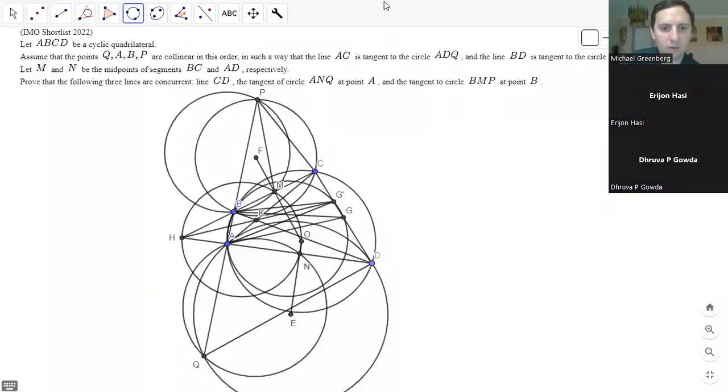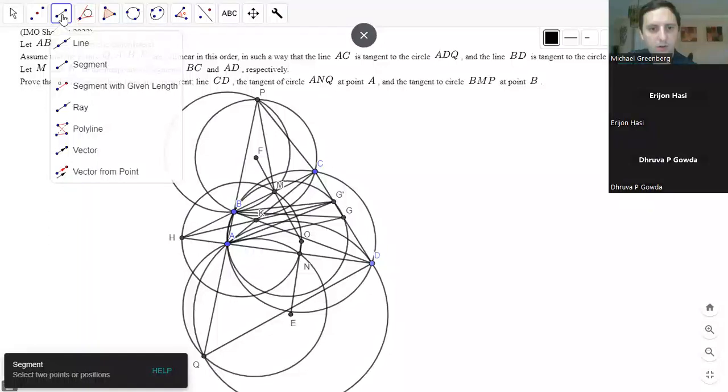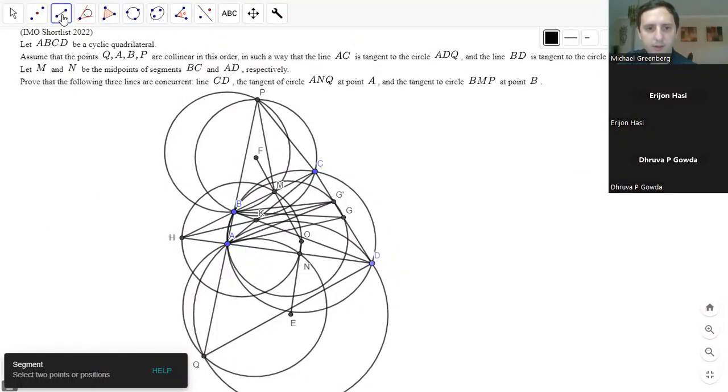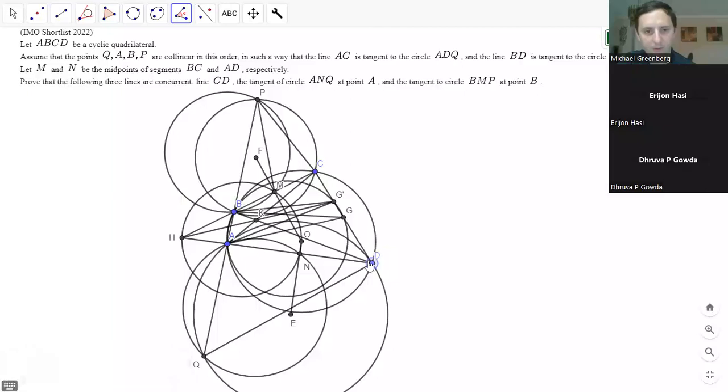Also, maybe at that angle equality, we can also use that angle CAD is equal to CBD. CAD is CBD. Yes. So I think in the end we're basically showing that this angle is equal to this angle.